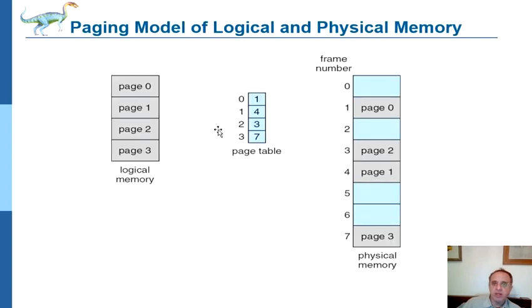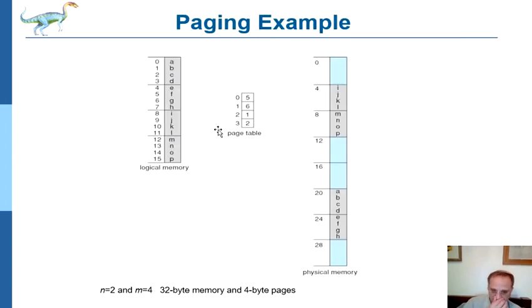So that was one paging example, and here's another. Here are A, B, C, and D. These are the actual memory locations for page 0. So this is my program.